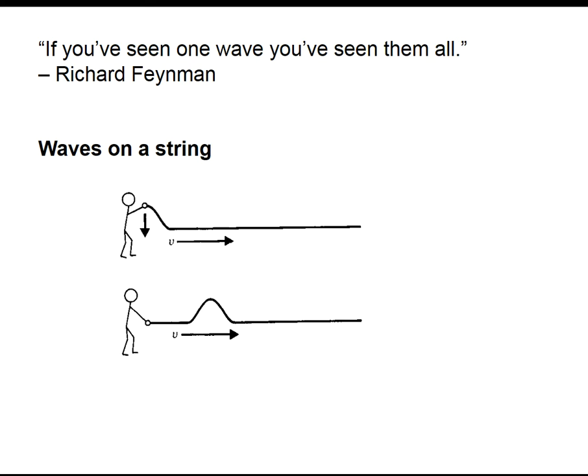So one of the activities that we do in this class is to actually take a rope and give it a flick up and down, and we'll see that there's a wave that travels along the rope. This is a transverse wave, but this one is a nice one for visualization because it helps us to visualize the propagation of a wave.